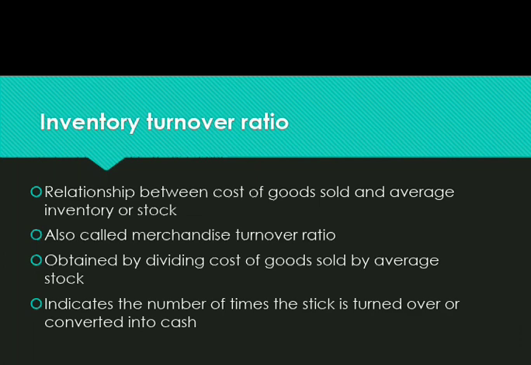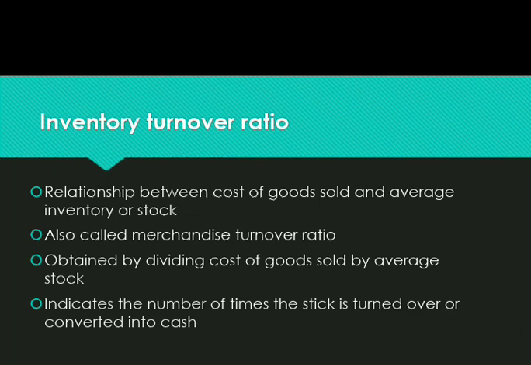When we divide the cost of goods sold by the average stock of a firm, we get the stock turnover ratio, and this indicates the number of times the stock is turned over or converted into cash. This inventory turnover ratio indicates the number of times a firm's stock is turned over or converted into sales.